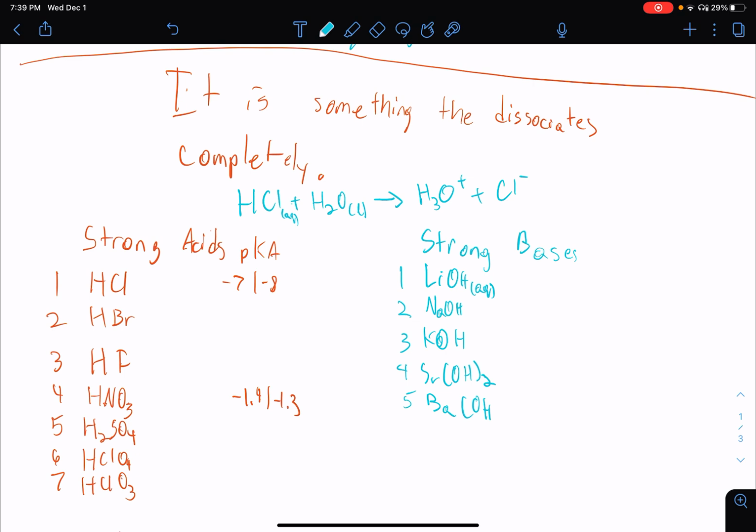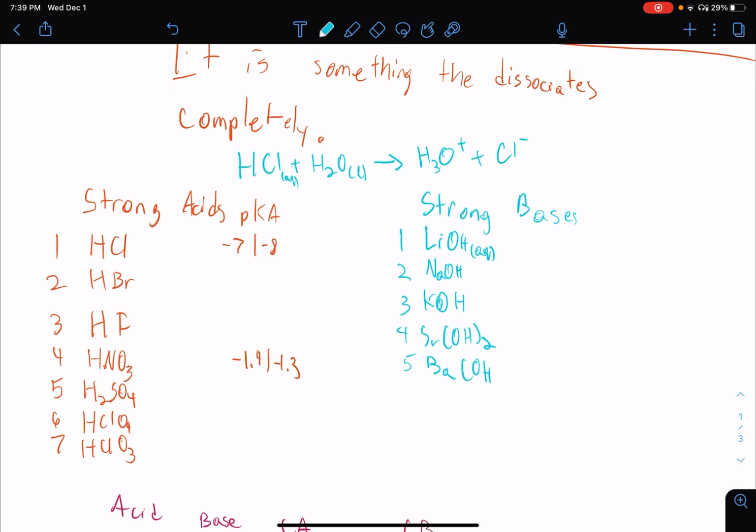This idea of just memorizing strong and weak bases would not help you if you were given something that isn't there.